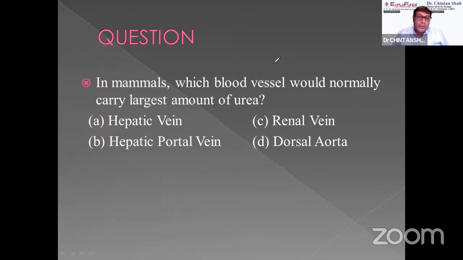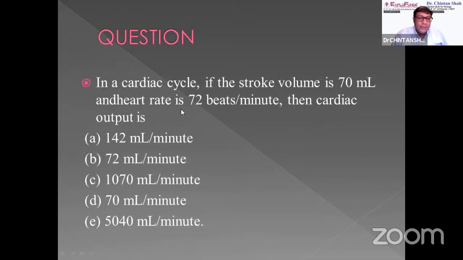So let's go on to the last, 45, and I hope it will be the last one. Cardiac cycle: if the stroke volume is 70 ml and the heart rate is 72 beats per minute, then the cardiac output will be how much? This is 45.